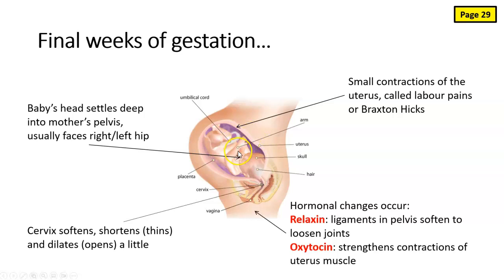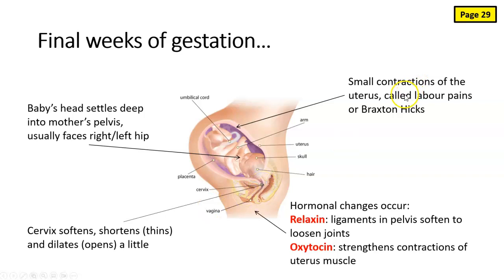The fetus is orientated in the correct way, the head is pointing downwards, and it's settling a little deeper inside the mother's pelvis. You can see that the placenta is attached onto the wall of the uterus here, and we can see the orientation of all the other organs, so we can see the bladder down here, and the vagina, which will become the birth canal, and the cervix.